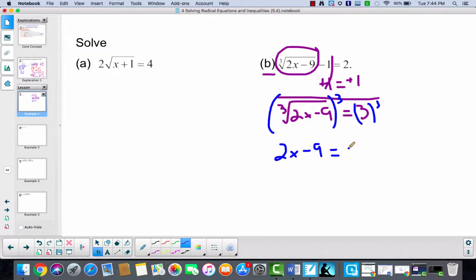But 3 cubed is 27. I'm going to add 9 to both sides. This is going to simplify, cancel out, leaving me with 2x on this side. 27 plus 9 is 36. Divide both sides by 2.